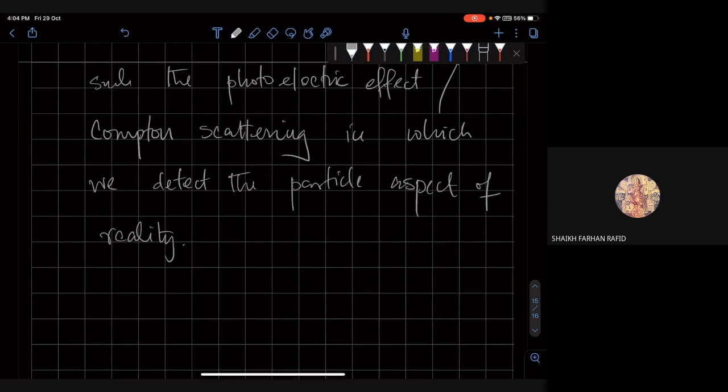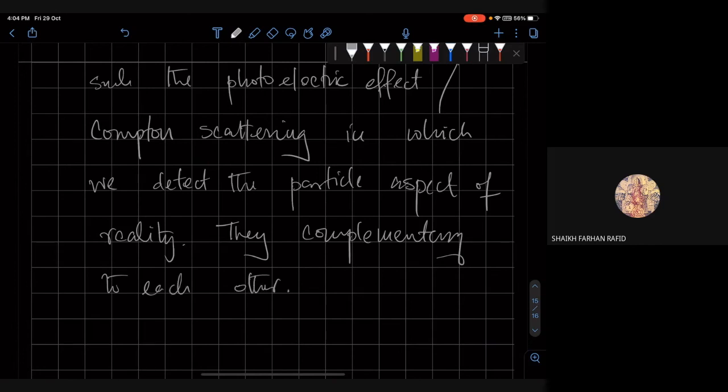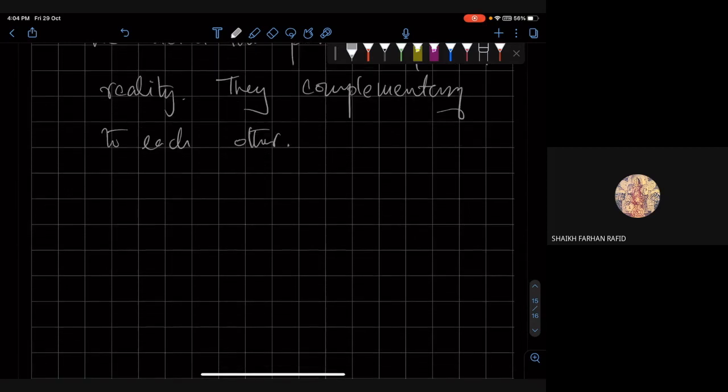So both are complementary to each other. So this is the principle of complementarity.